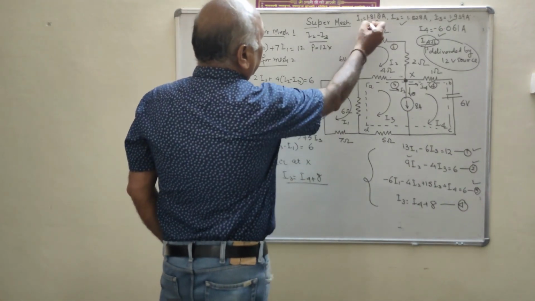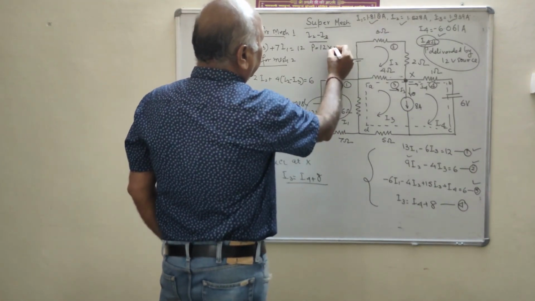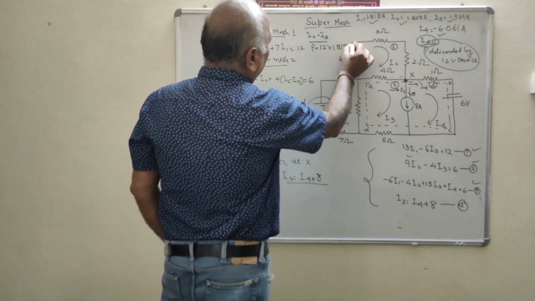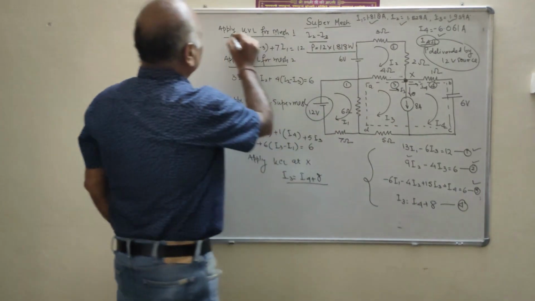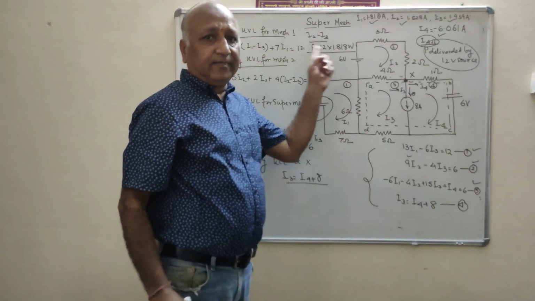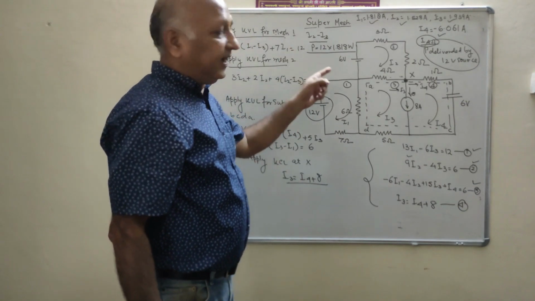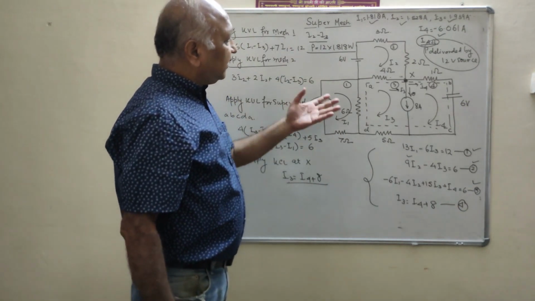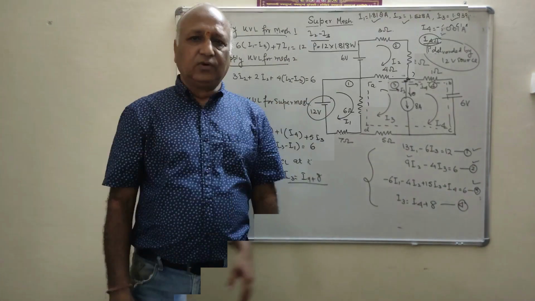The value of I1 is 1.818, so 12 into 1.818 watt is the power delivered by the 12 volt source. So this is the example of the 4 meshes.